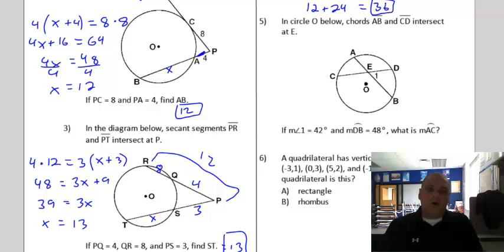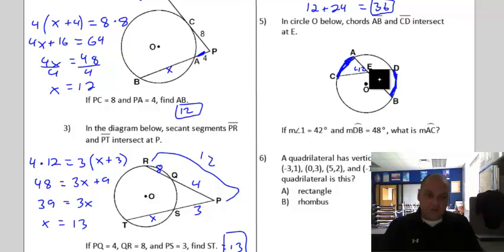In circle O, chords AB and CD intersect at E. Now we're talking about the angles inside the circle. So angle 1 and this angle here are congruent, and they have intercepted arcs. So we're talking about this arc and this arc. Now, angle 1 is 42, so these angles that are equal are 42.